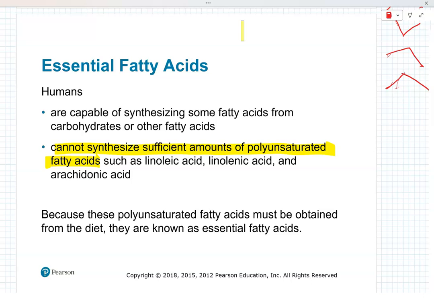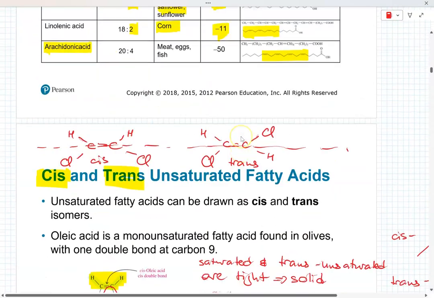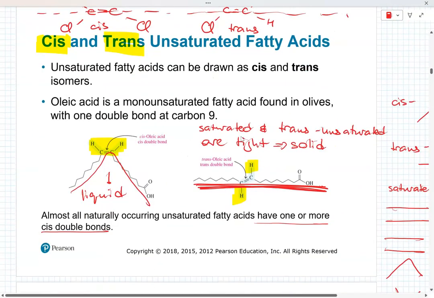Remember, double bonds in naturally occurring fatty acids are in the cis conformation. So I'm going to ask again, please. If you have more than one double bond, is this molecule going to be all bent? One double bond gives you a bend. If you have multiple, and they all are in cis conformation, you're going to have multiple bends.